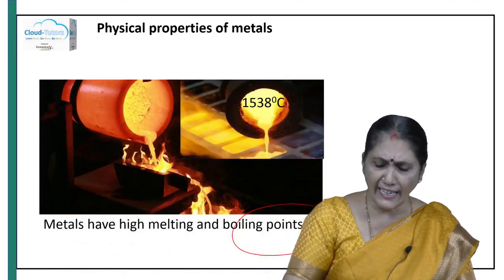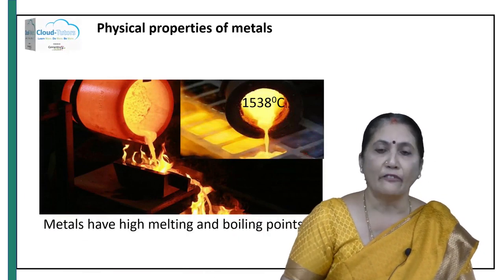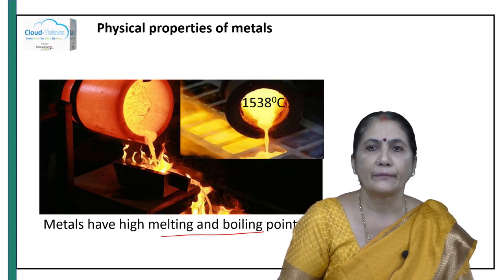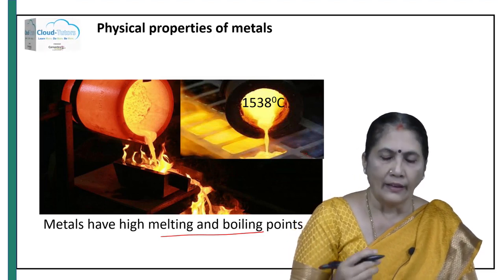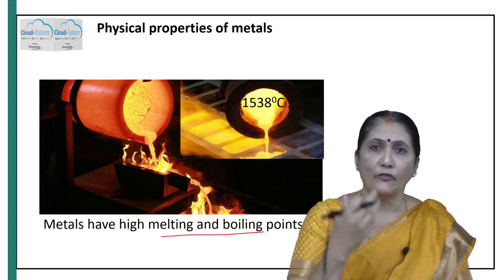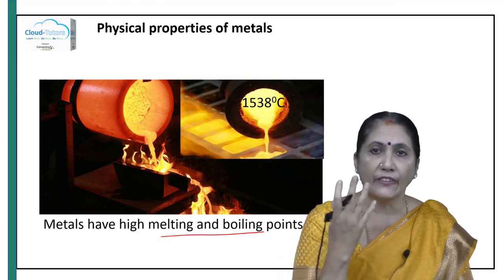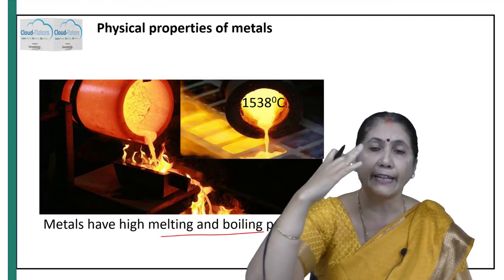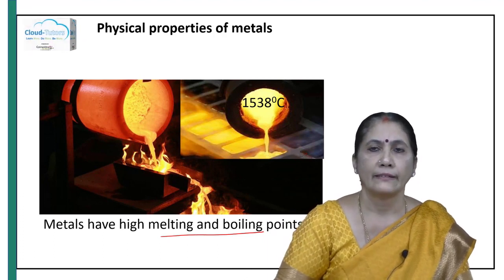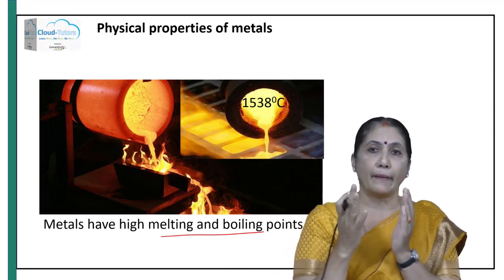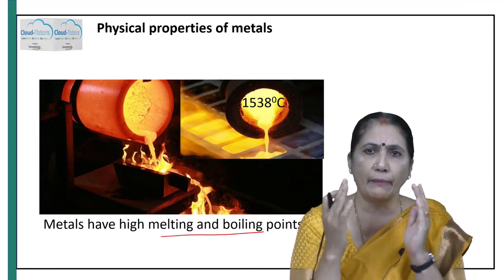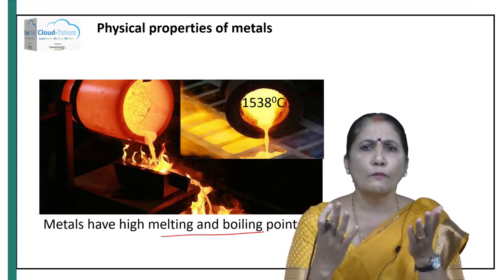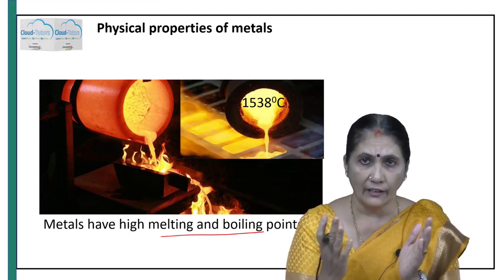Now, generally, metals have high melting and boiling points. When steel is being manufactured, the blast furnace is always at a very high temperature. The maintenance aspect, if you see in any blast furnace, it is going to generate a huge amount of heat energy.